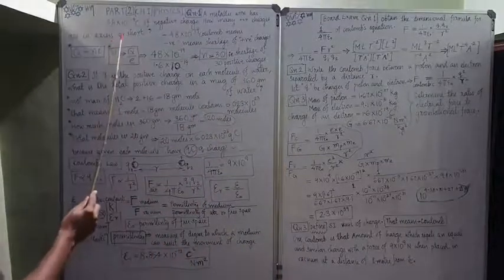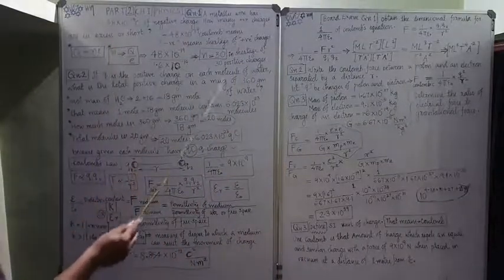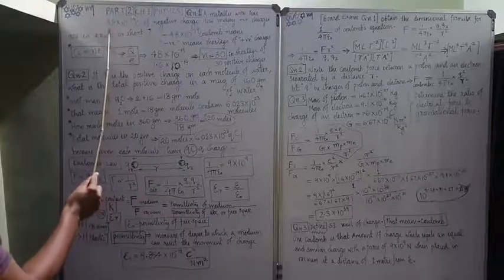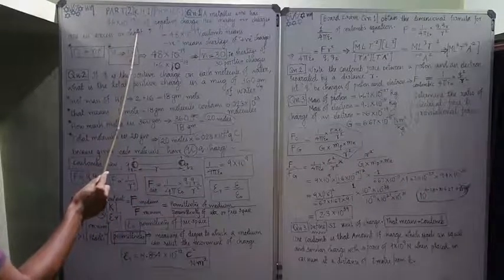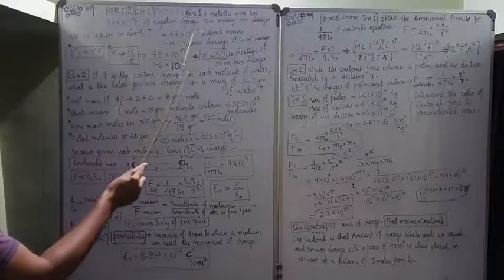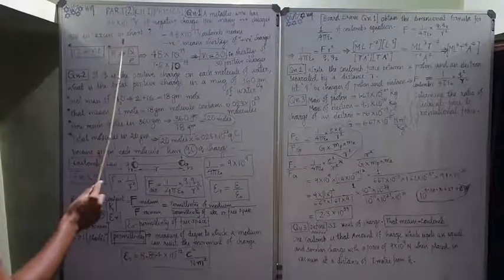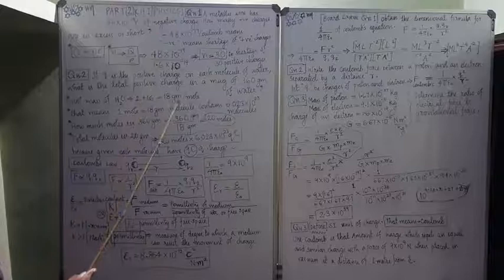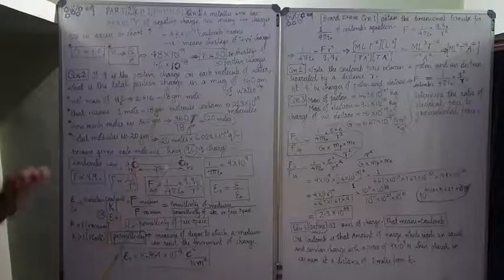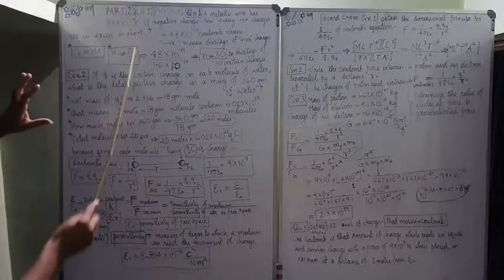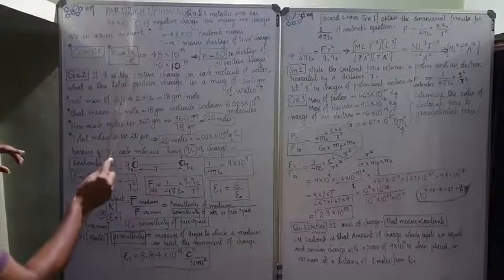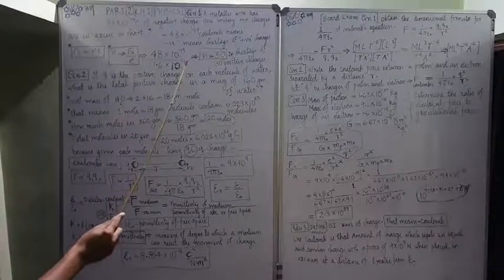The first question asked is: a metallic wire has 48 into 10 raised to minus 19 coulomb of negative charge. How many positive charges are in excess or short? That means the metallic wire is charged with 48 into 10 raised to minus 19 coulomb.